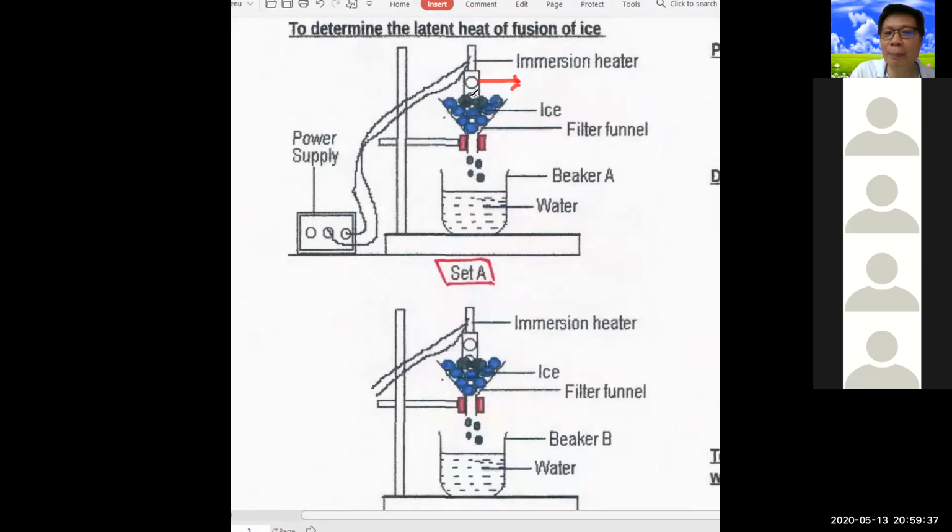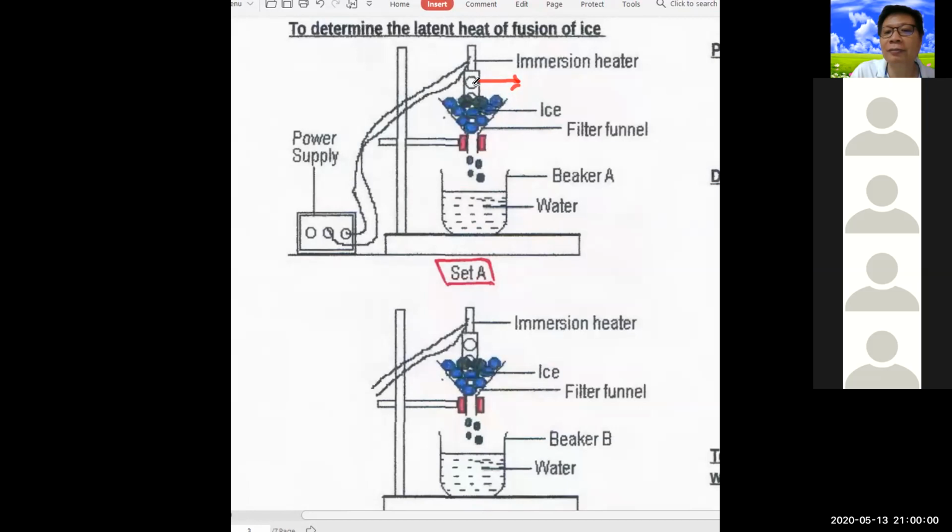Kelvin Lim, can you be 100% sure the ice melted is because of the heat from the heater? Jerry Go? Are you 100% sure the ice melted by the heat from the heater only? No. Juling?